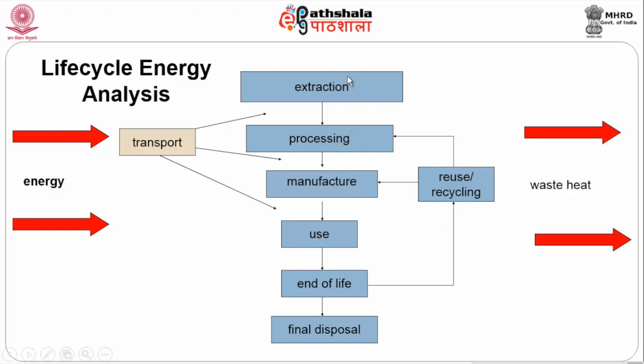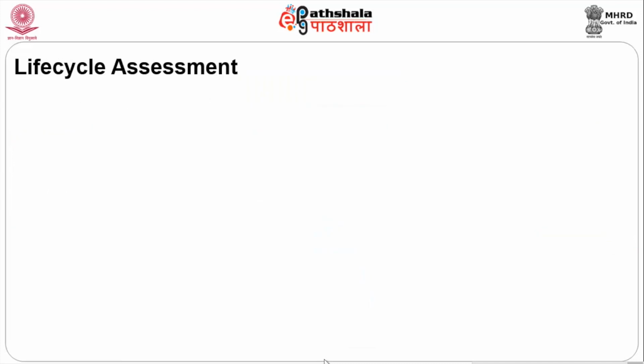So, life cycle energy analysis, students, please try to get into the proper flow chart of extraction, processing, manufacturing, use, end of life and final disposal, with all these aspects taken into consideration of reuse and recycling.